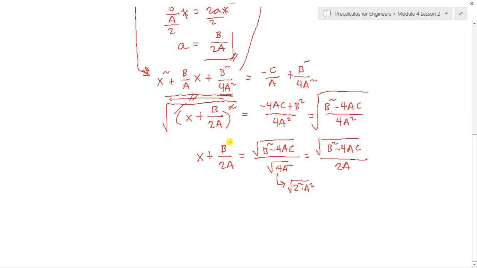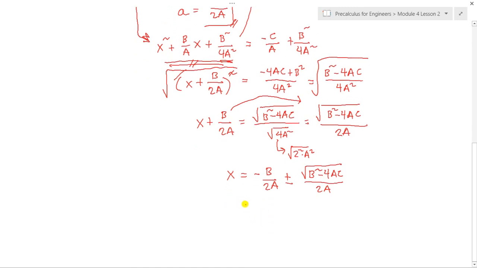And then, transpose this b over 2a to the right side so that x is the only thing left. So x now is equal to negative b over 2a plus or minus, because there is a square root, the square root of b squared minus 4ac all over 2a. Since these are two fractions, we can combine them together.